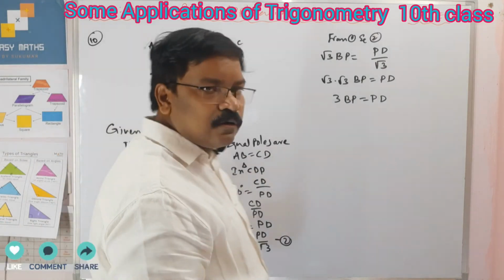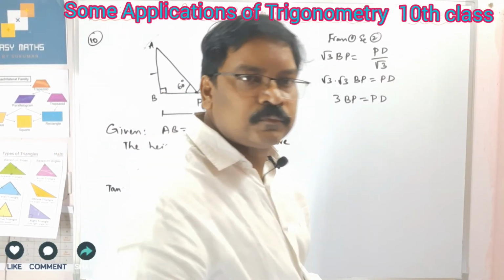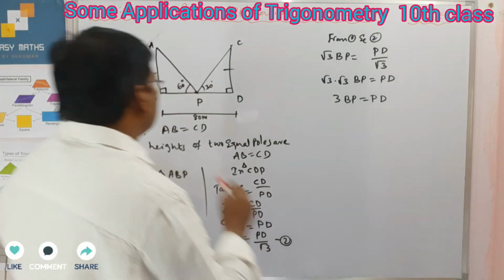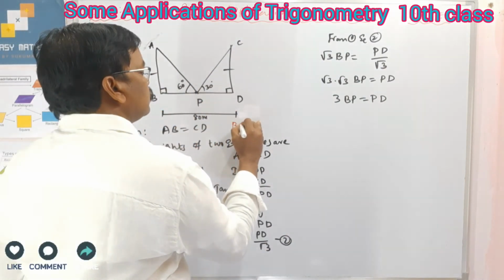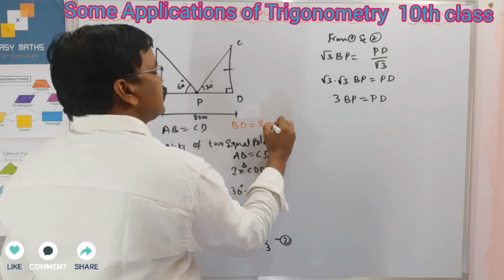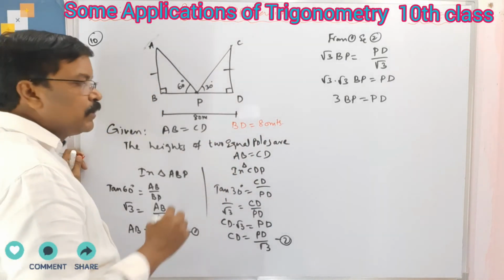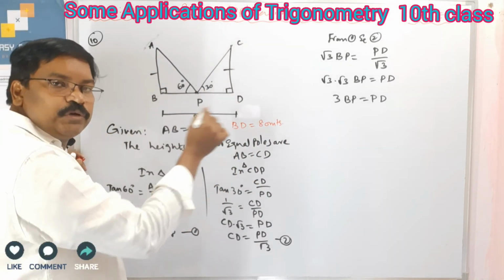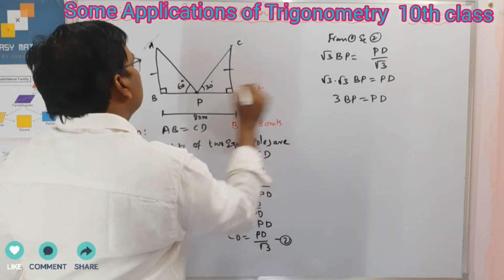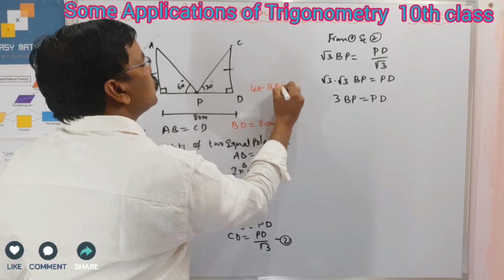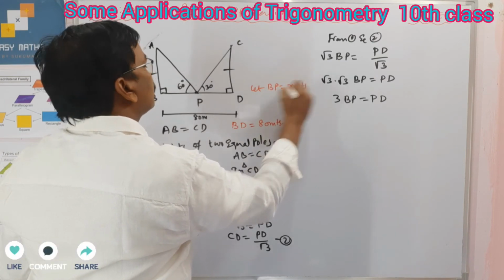Okay, now see here, this BD is equal to 80 meters actually. BD means the distance between the two equal poles is 80 meters. Let BP be equal to x meters.